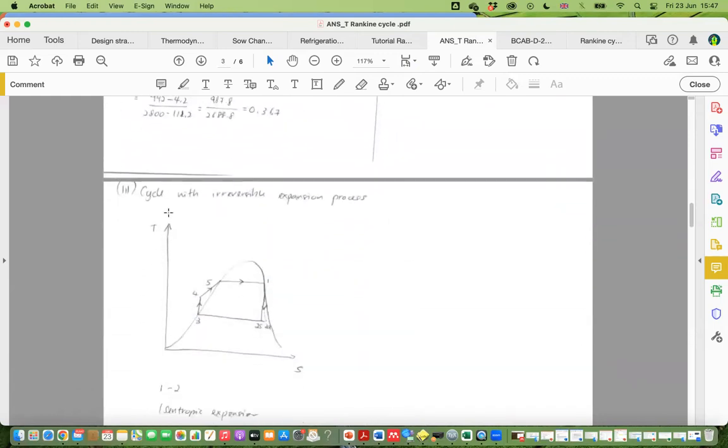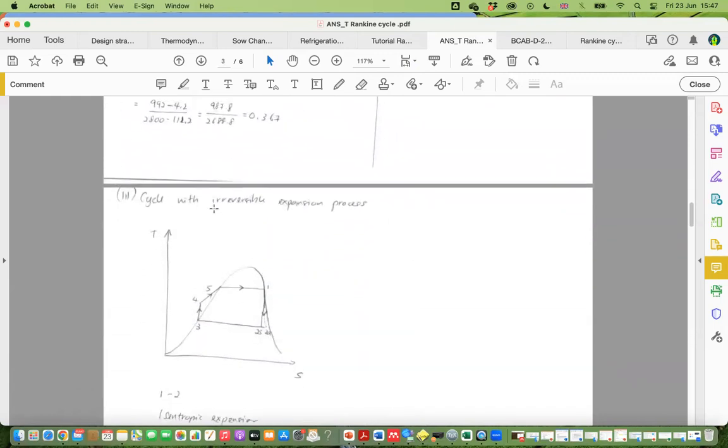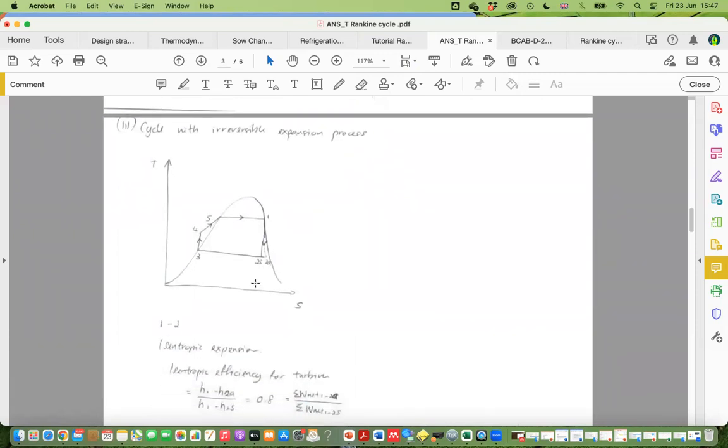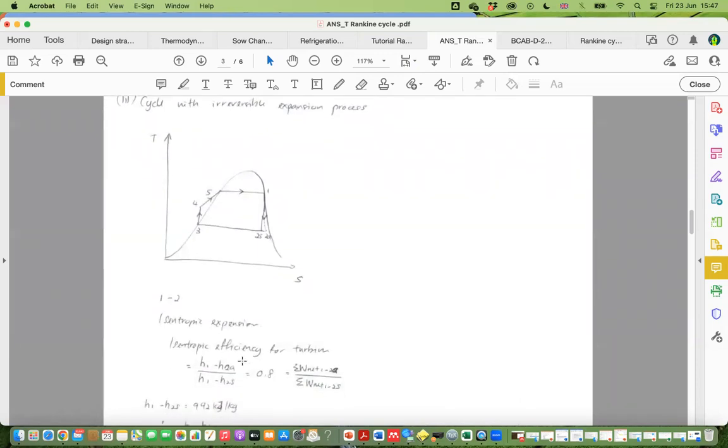Okay. So the cycle with irreversible expansion, and it's equal to 0.8. So then that means we need to find the actual H2A.